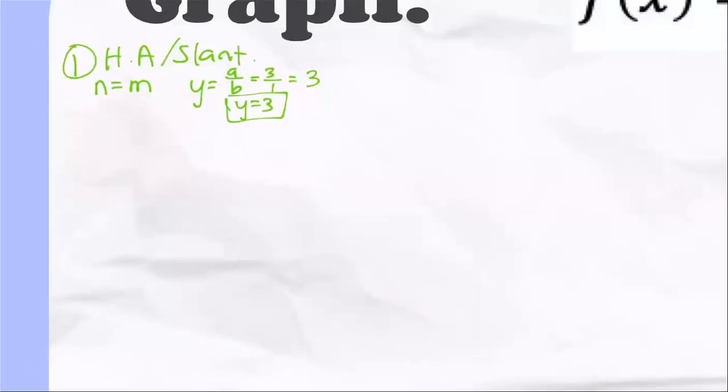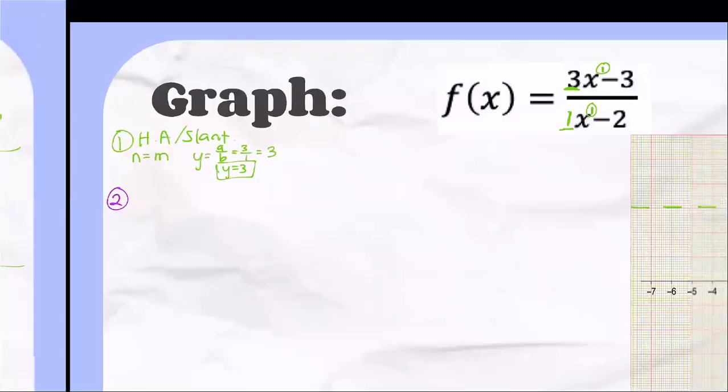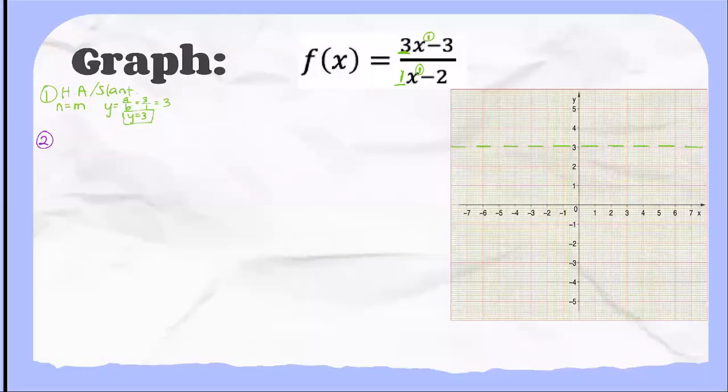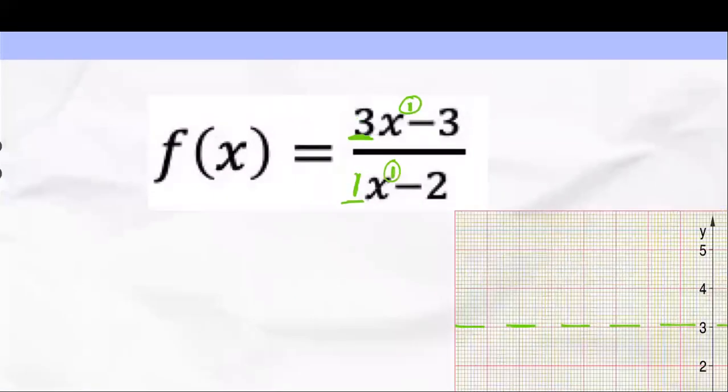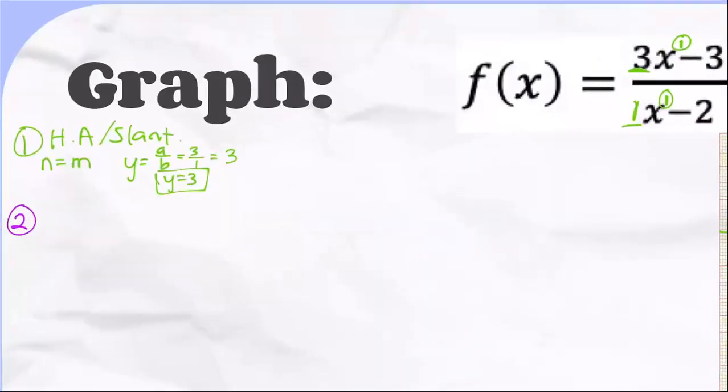Okay, the next thing that I do is I go ahead and factor the top and then factor the bottom. Looking at this one, I don't think it needs to be factored any. Actually, yes, it does. I see something. So f of x equals 3x minus 3 over x minus 2. The top has a GCF.